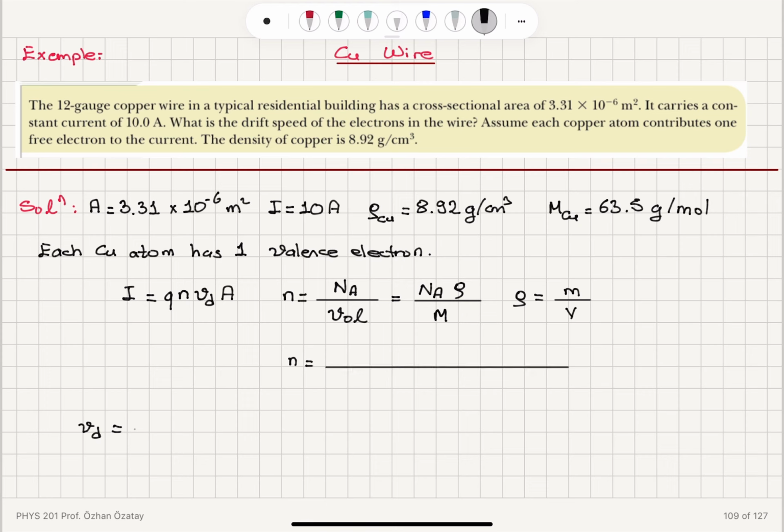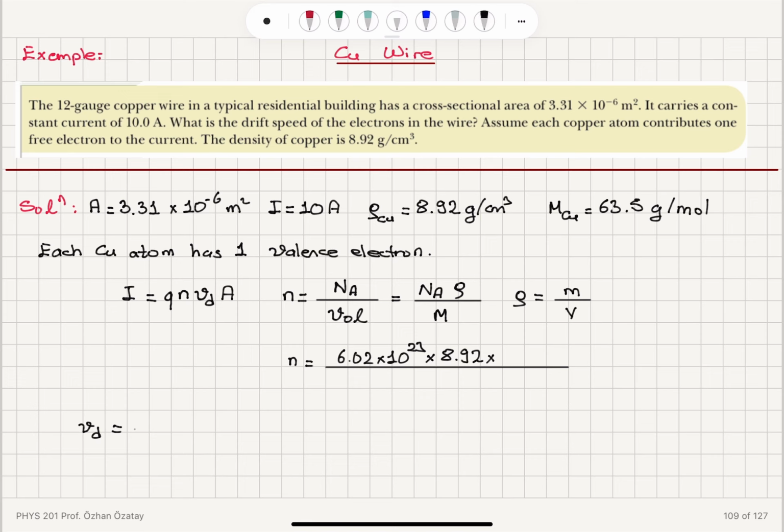So I have Avogadro's number 6.02 times 10 to 23, and I have the density of copper, 8.92 times, now this is given in grams per centimeter cube.